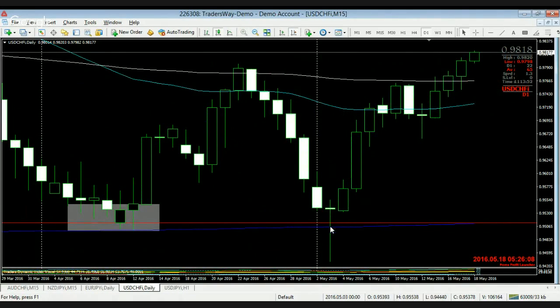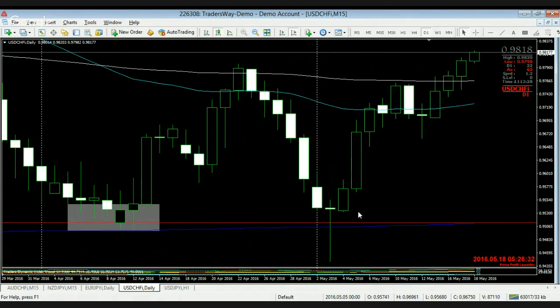So it can wick it and pass it dramatically, but it has to close above this on a W formation. It cannot close 1 micro pip below this line. If it does, you will not even consider trading it. Okay, so look what happened here. Retest, but it closed above it.